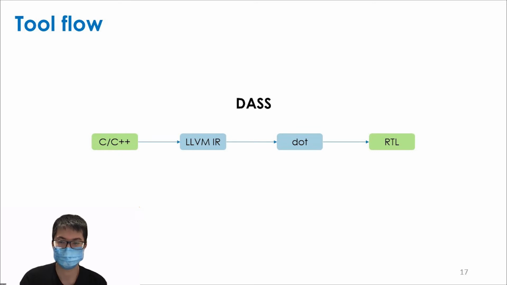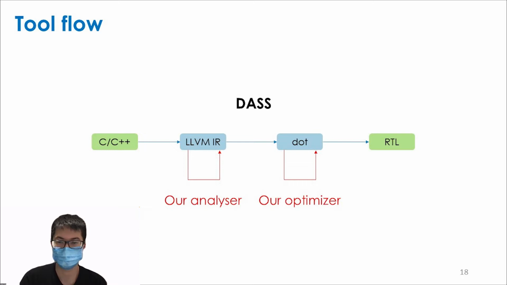It takes a C program and lowers it to LLVM IR. Then the LLVM IR is translated to a dot graph and later translated to an RTL design. Our tool is integrated as a plugin to DOS. It analyzes the program in LLVM IR and performs hardware transformation in the dot graph.